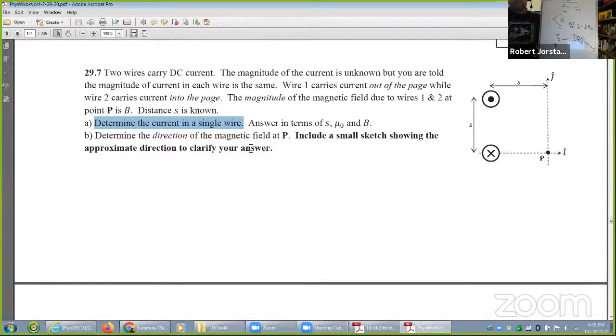This is pretty typical where you might know how much B field you need in an experiment, and you have to tell the computer how much current to use. So it's common to see this type of thing. So you have 2 wires carrying DC current. I'm going to sketch this up, and let's just see if we can get it started and not do the whole thing, okay?